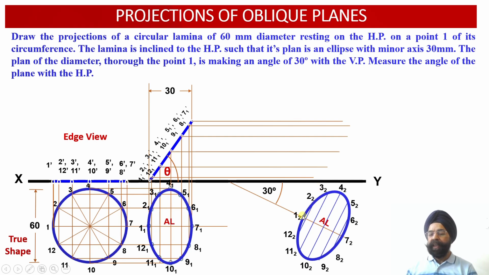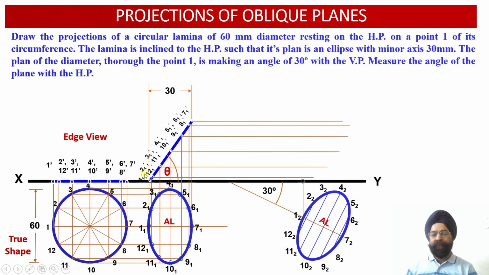Wherever the vertical projector through each of these points intersects the horizontal projector drawn through the corresponding point, we are going to obtain the location of the points in the front view projection. So let us see how we can obtain the 12 points in the front view. From point 1, please check, we have drawn over here the vertical projector through point 1.